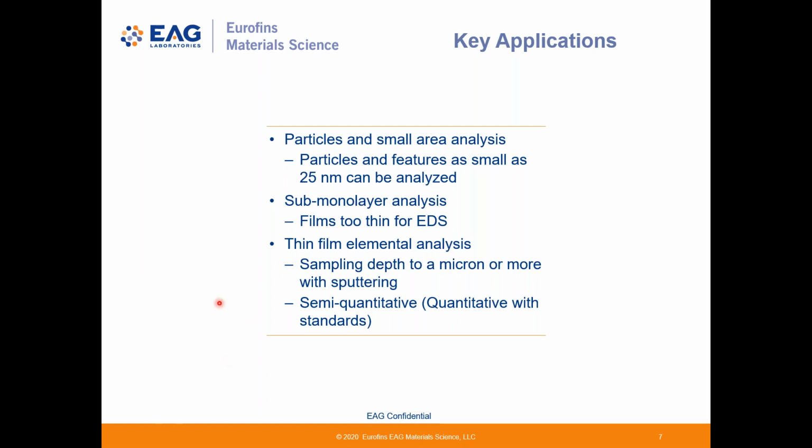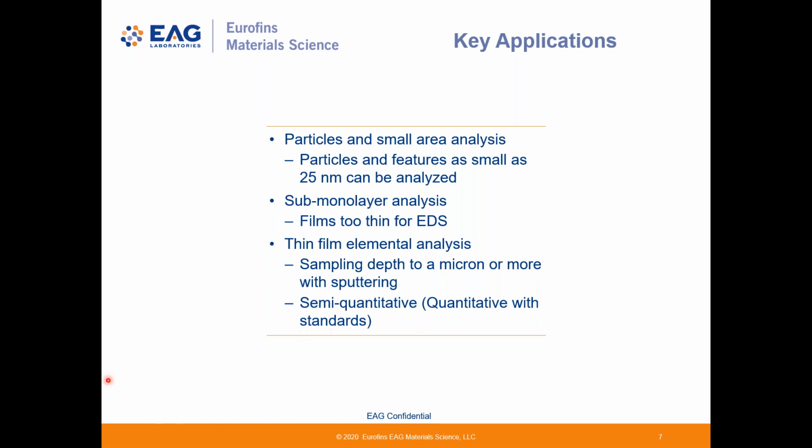Typically, Auger depth profiles do not go much deeper than a micron, although you can if you are not limited by time and money. However, most materials will get rougher as you sputter longer, and this will degrade the depth resolution considerably. For very thick films, it may be more efficient to prepare a cross-section by mechanical polishing or with an FIB and take advantage of the very small spot size of Auger to analyze the thicker layers in cross-section.